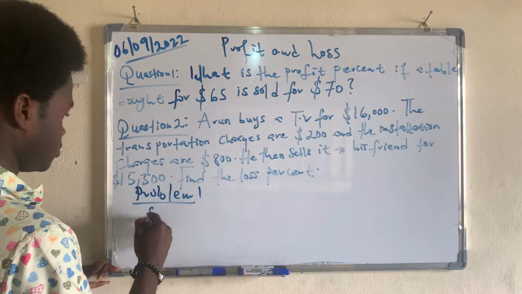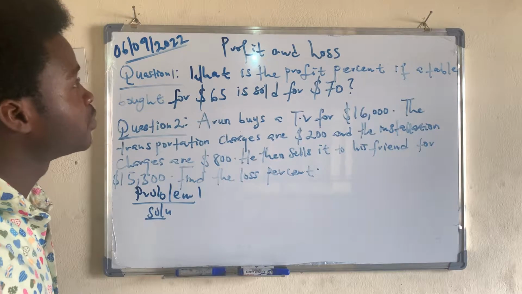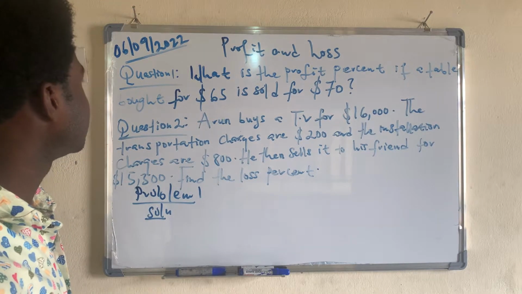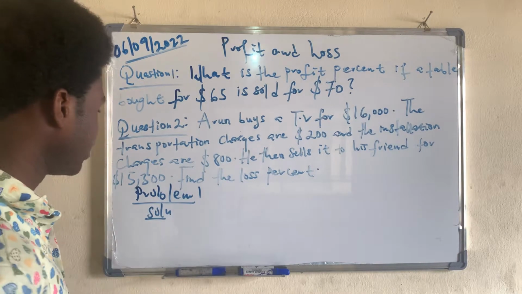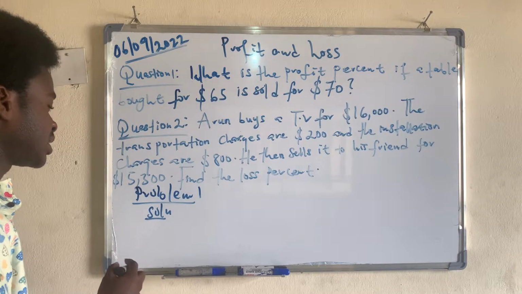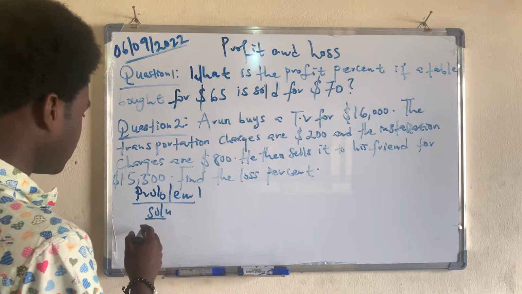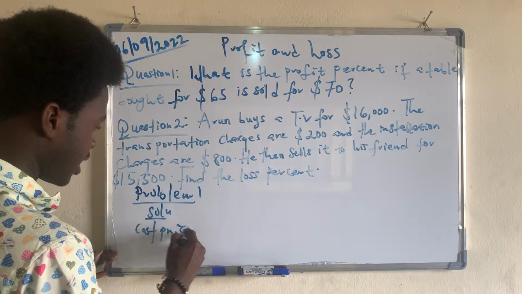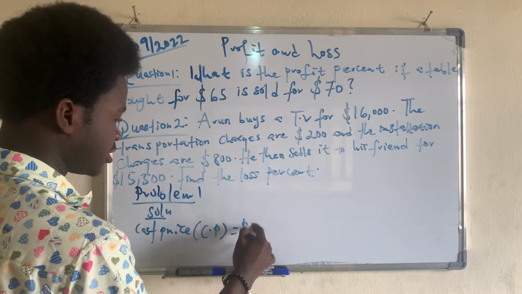solution. We can see here that we are to find the profit percent. We are given that the table was bought for $65. So table bought for $65 implies that the cost price, written as CP, is $65.